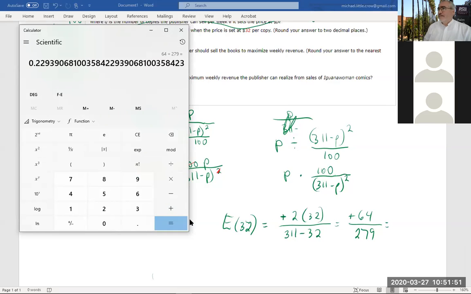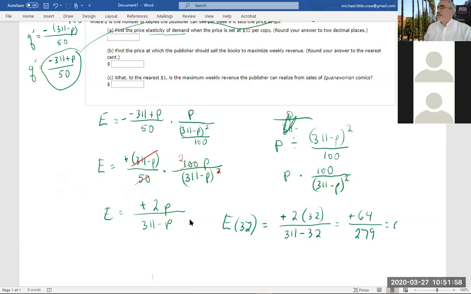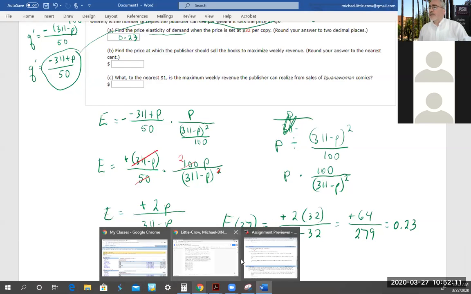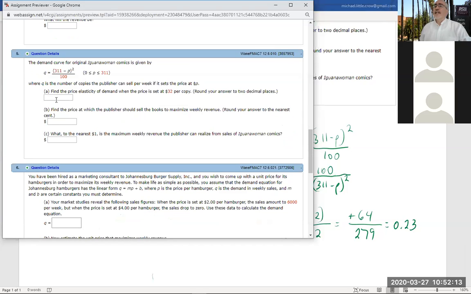Gives us 0.23. Right, we round your answers to 2 decimal places, 0.23. And I think I still have the question here. Let's test this out.